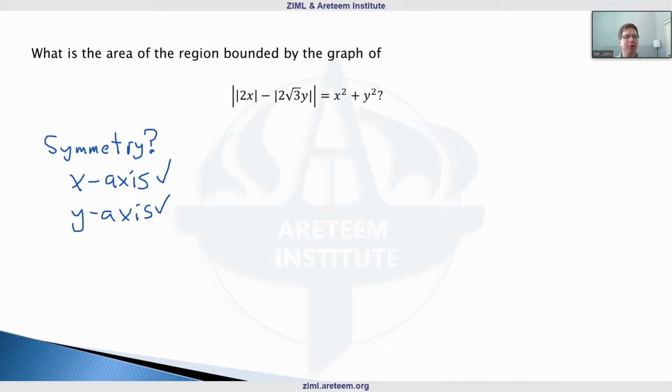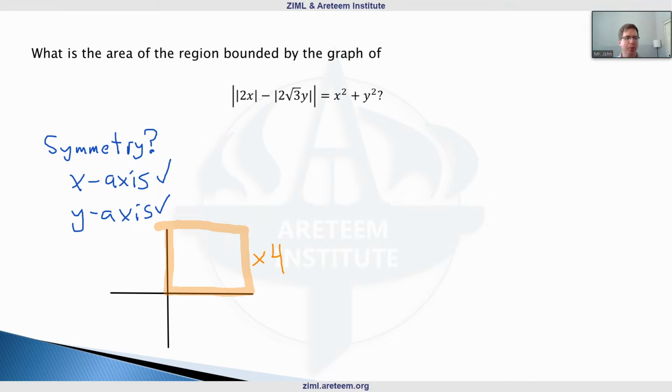Very roughly, thinking about this in terms of our problem, we're going to have some graph here, but then we can focus on the first quadrant. So let's focus on when x is greater than 0 and y is greater than 0, because then that region is just going to be multiplied by 4.